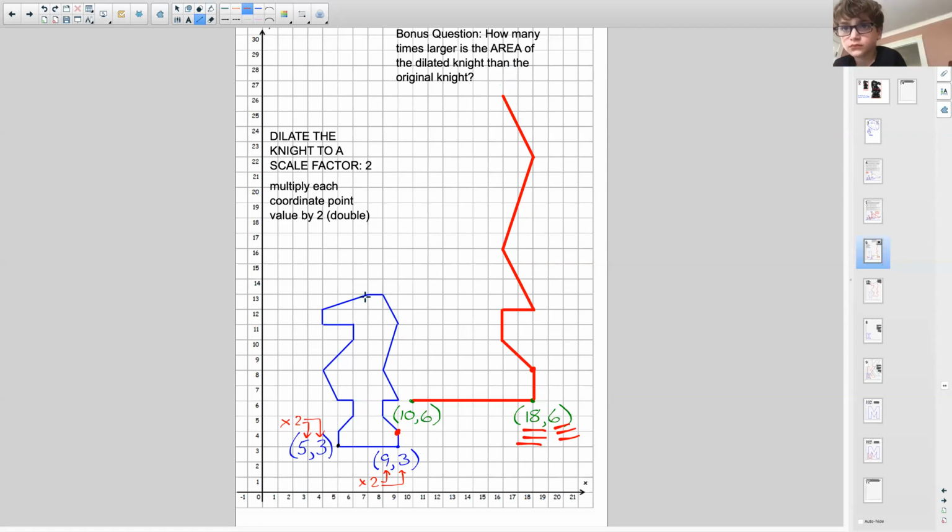Now, I'm going to go to my next point, which is 7, 13. Who can help me double 7 and 13? Cam, that's awesome. Who can help me with point 7, 13?